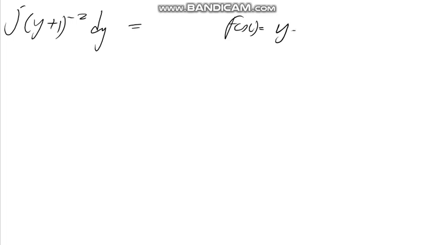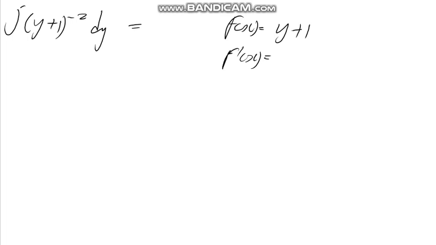So you've got the integration of (y plus 1) to the power minus 2, and then dy. In this case, our f of x is y plus 1. Remember, always after identifying your f of x, you have to find the f prime of that, or the derivative of that.